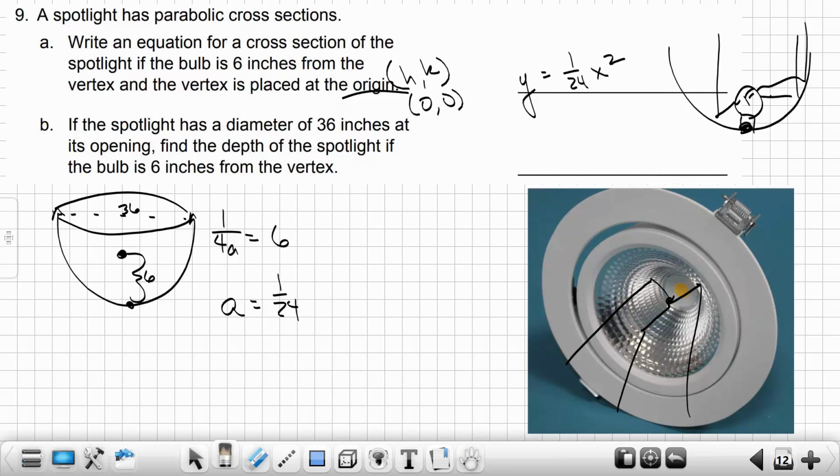How deep is it? What is the height from here to here? That's what B is asking. What is that height? The depth of it. We got to figure out what we got to plug in.